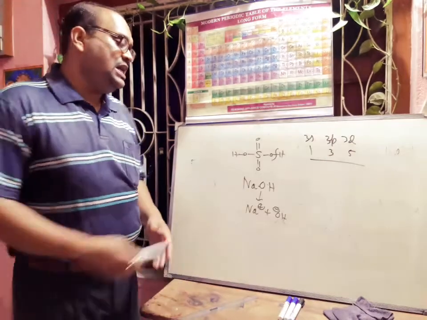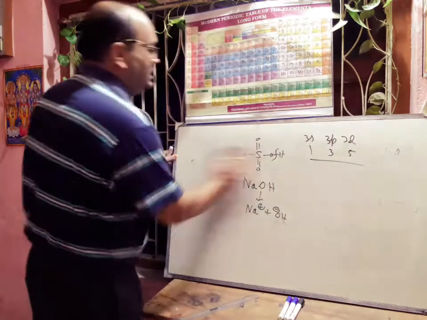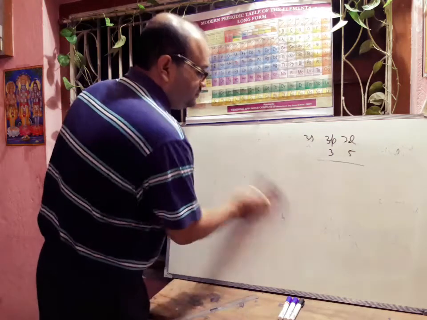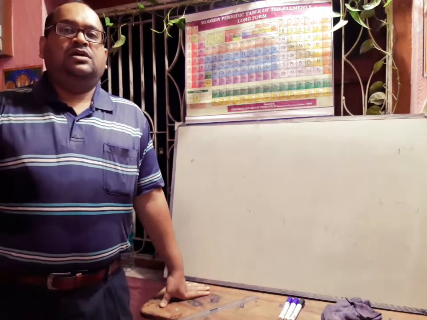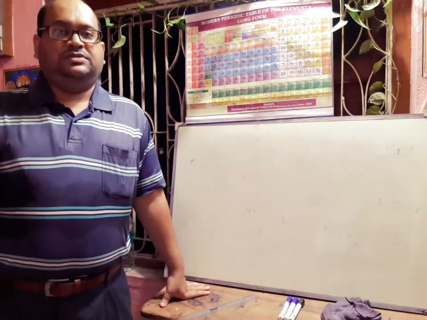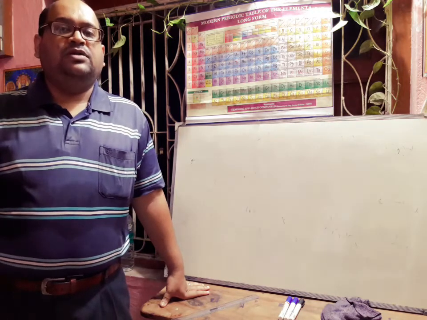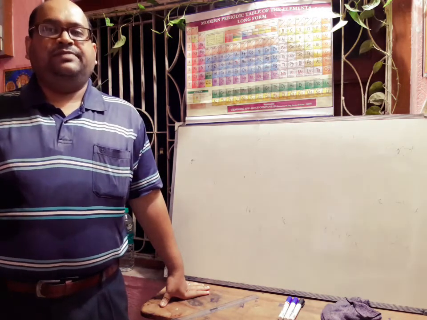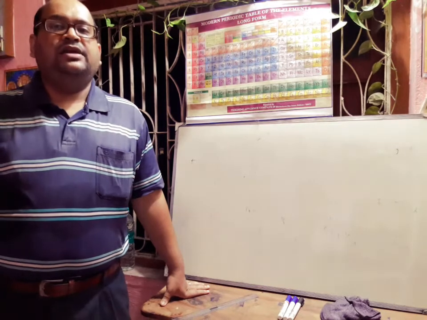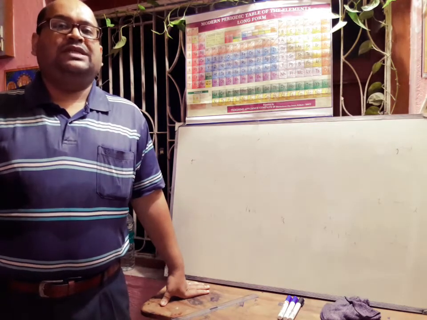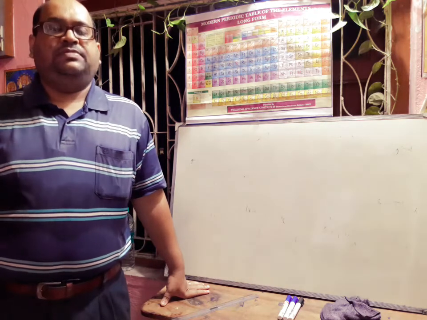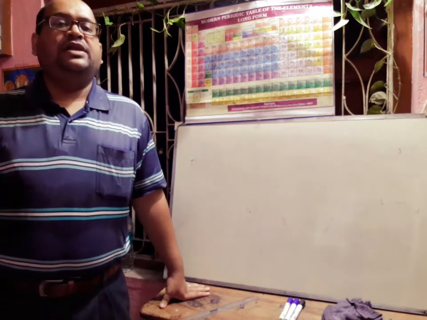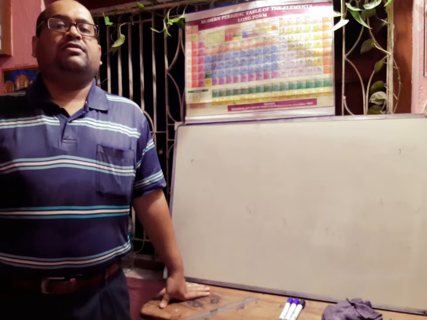Next we will discuss one very interesting relationship, called the diagonal relationship. Some elements of certain groups in the second period show similarity in properties to the diagonally opposite elements of the third period, and this is known as the diagonal relationship. The second period elements are called bridge elements.